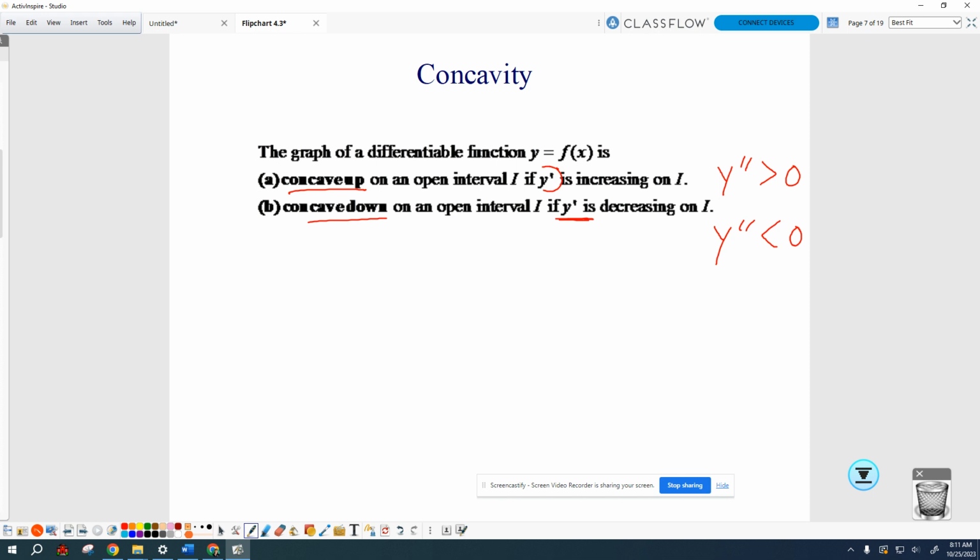Any questions or comments? Concave up makes a cup. Concave down makes a frown.